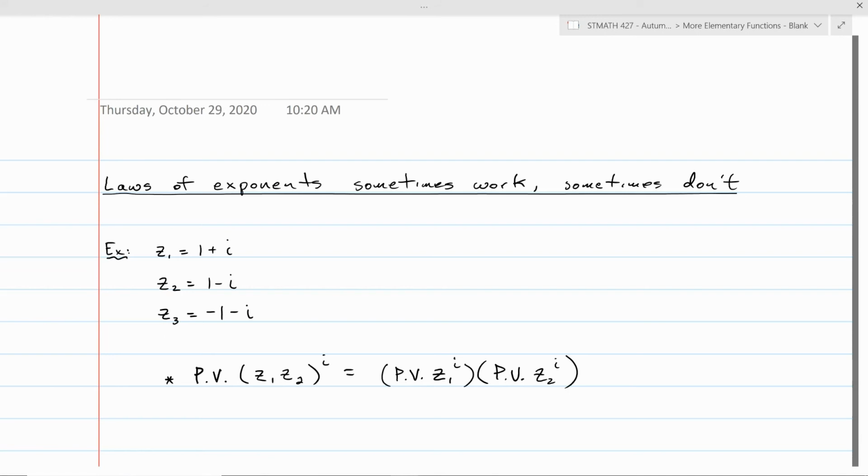Because these power functions and these exponential functions with other bases are multi-valued, you get into some weirdness if you start thinking that all the familiar exponent rules are just going to work for you. Like a familiar exponent rule for real numbers is that whenever you do something like a times b and you raise it to a power of x, you get a to the x times b to the x.